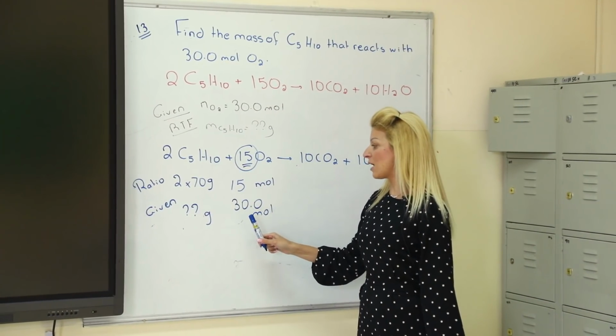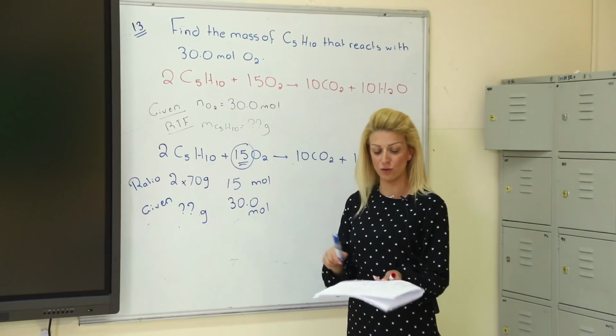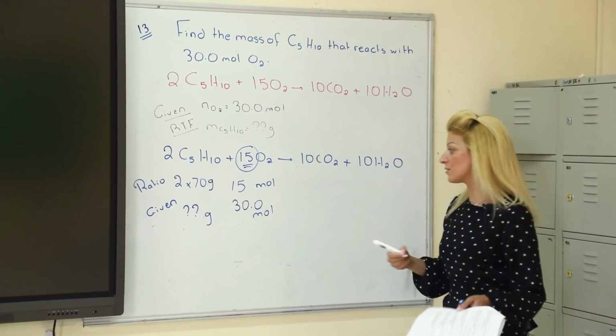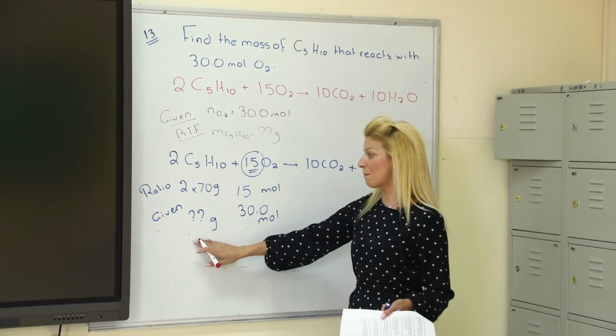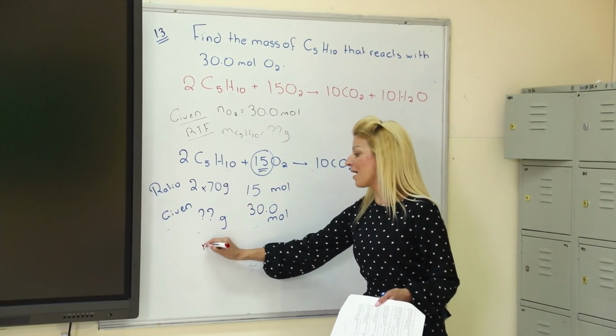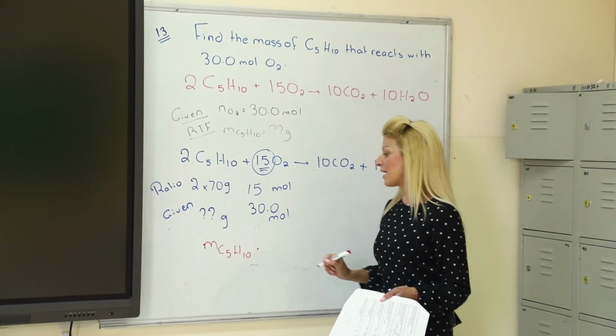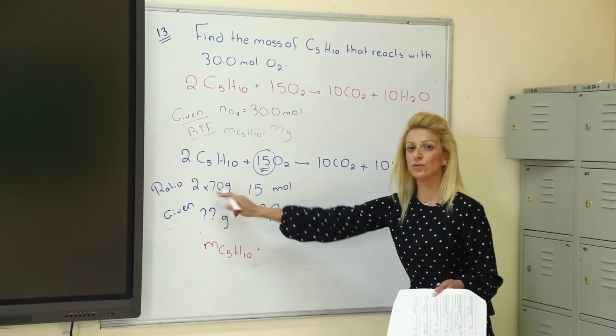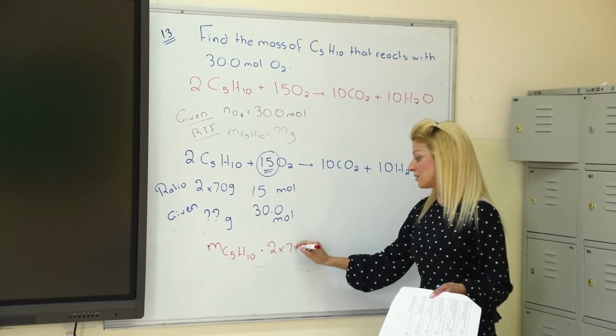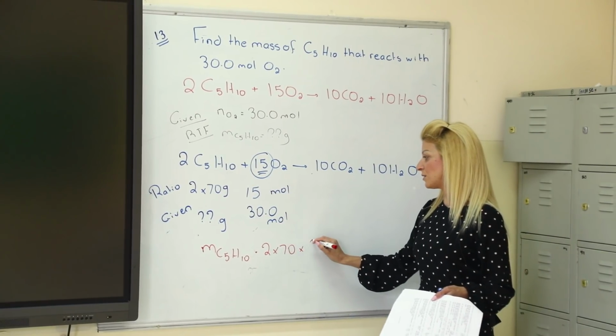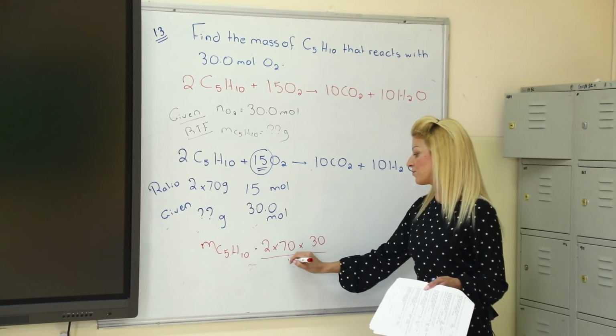So how many grams will react with 30 moles? We do a simple cross multiplication to get the mass needed. So the mass of C5H10 needed to react equals 2 times 70 times 30 divided by 15.